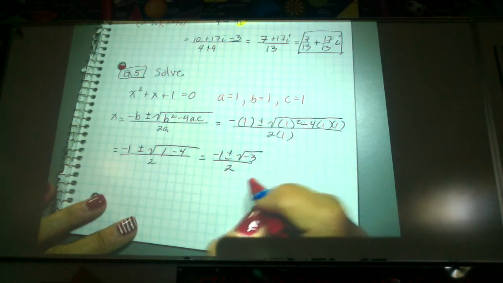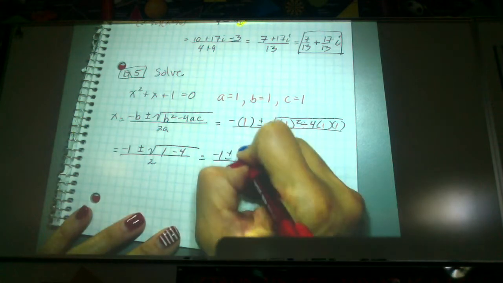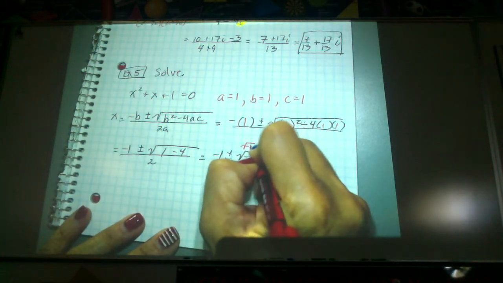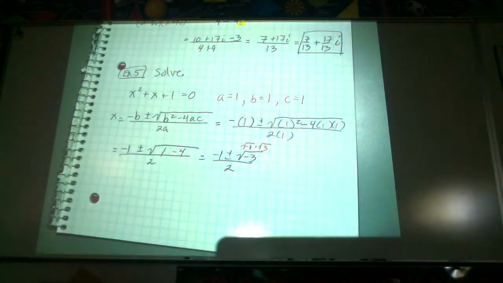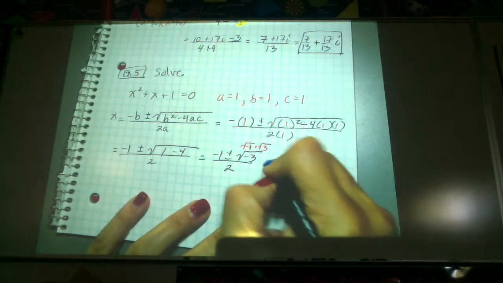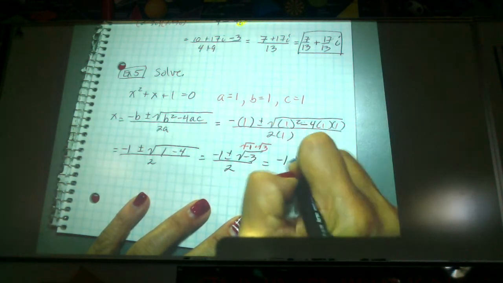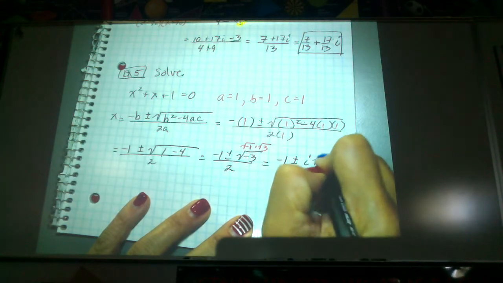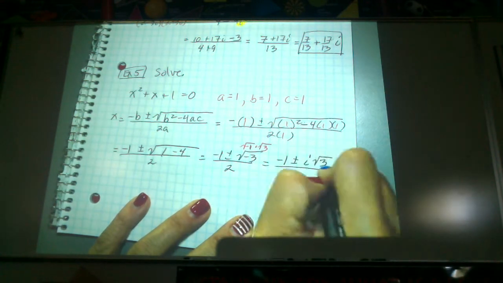It is not 3i, but that's a popular answer. Remember that I can break that up as the square root of negative 1 times the square root of 3. You cannot take the square root of 3, but the square root of negative 1 becomes i. So this is negative 1 plus or minus i radical 3 all over 2.